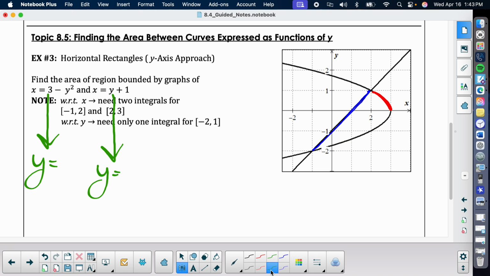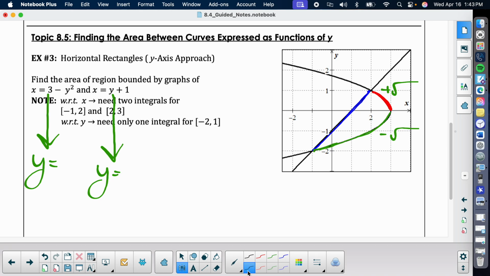This would be the bottom for the entire picture. So if I did it vertically, which FYI, the parabola one would have a plus and a minus. This would be the plus version, this would be the minus version.